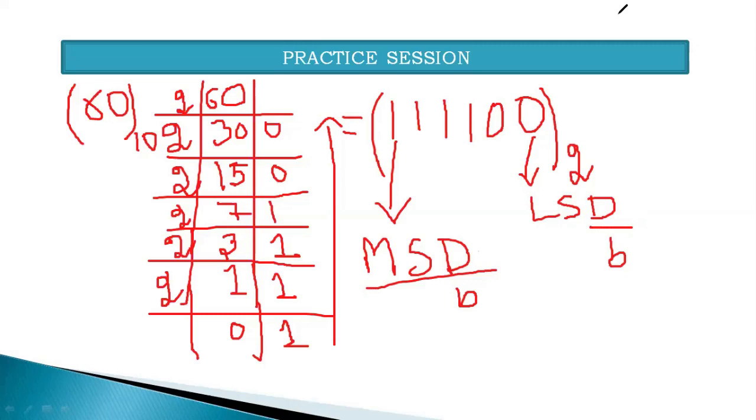Let's solve a few more questions so that in coming days you will not get any problem in converting decimal number into the binary number system. The next number is 130. Start.